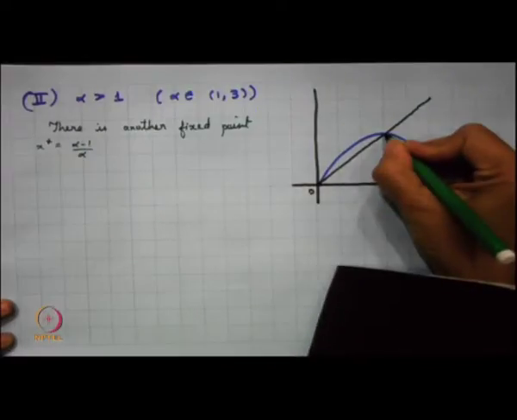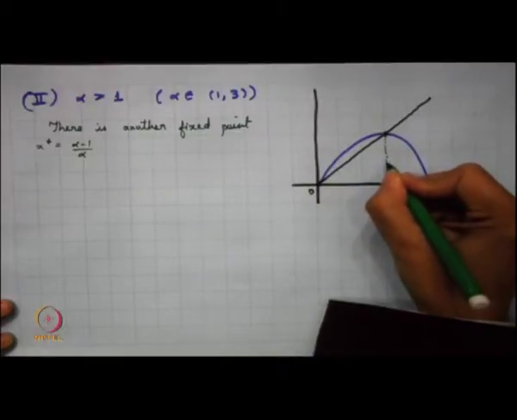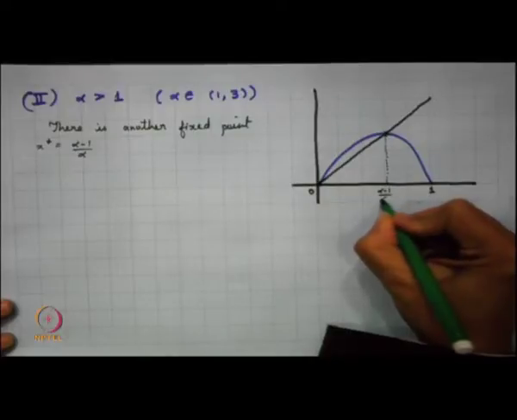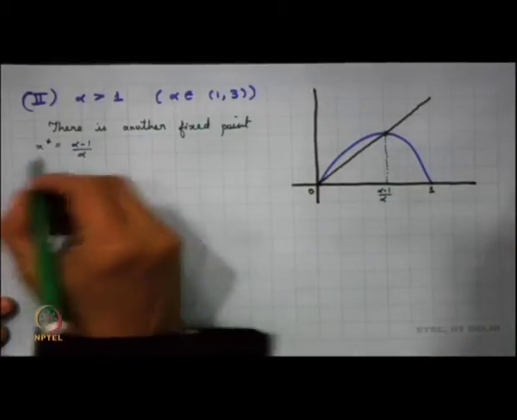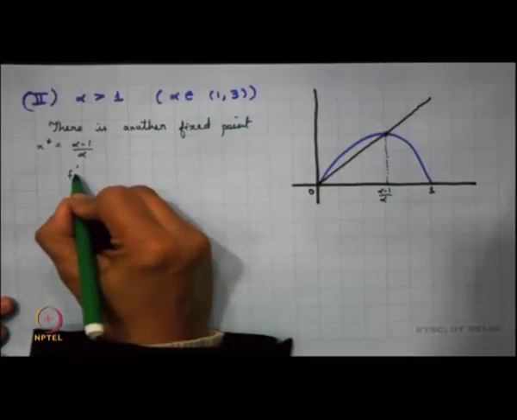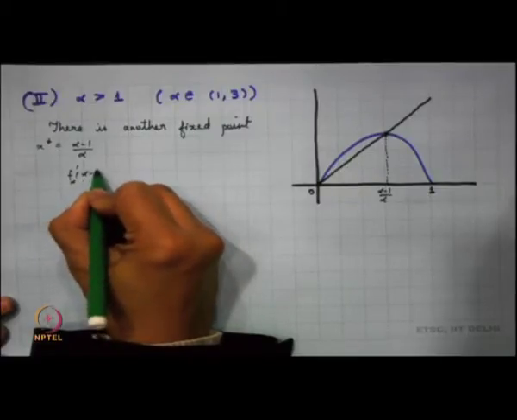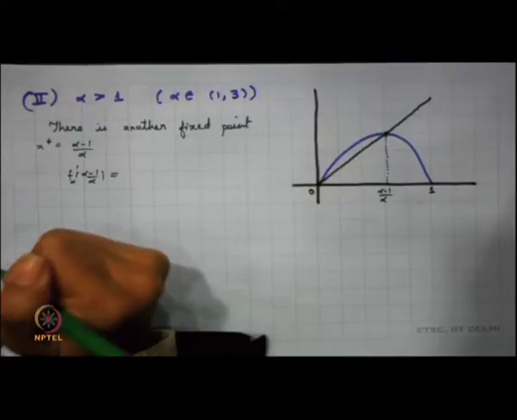So, we have this other fixed point here. What happens to f alpha prime of (alpha minus 1) by alpha? What is the value here?